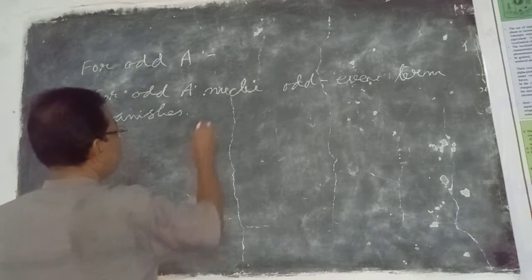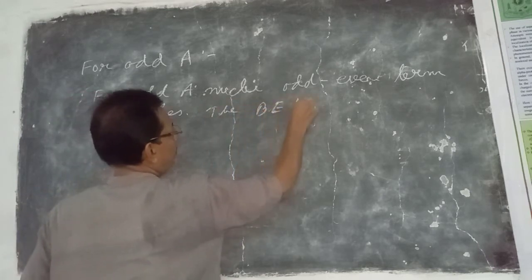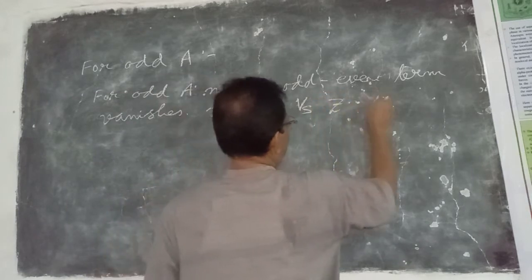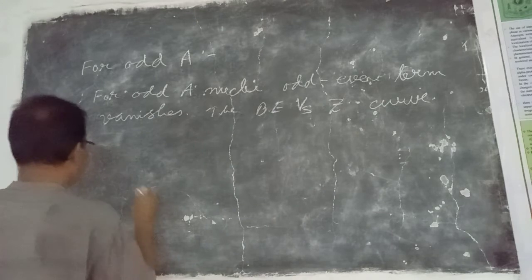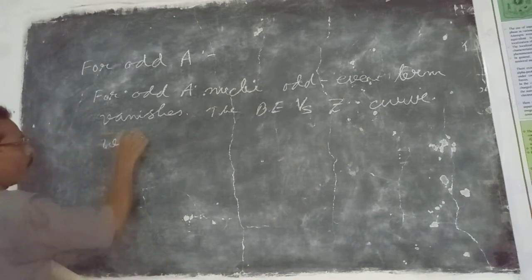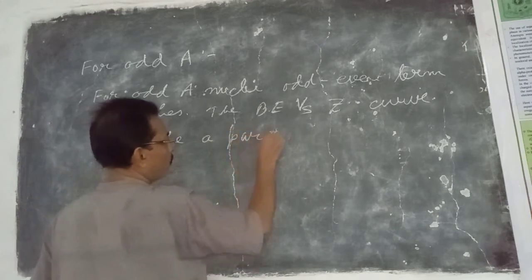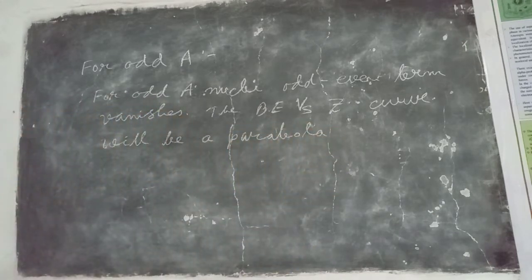The binding energy versus Z curve, if we plot it, will be a parabola, obviously, because the equation is a parabola equation.